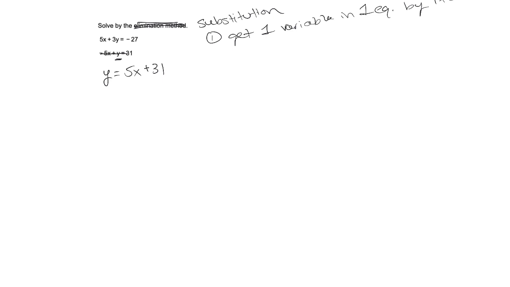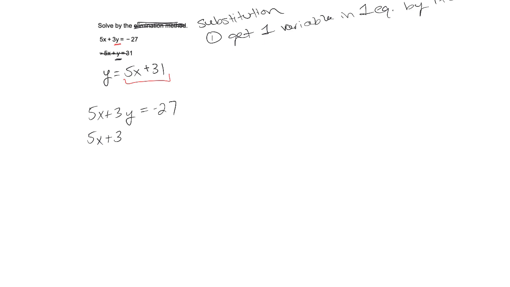Now, what we're going to do is substitute this into the y for the other equation. So I'm going to rewrite the next equation as 5x plus 3y equals -27. Now we're going to substitute in 5x plus 31 for y.